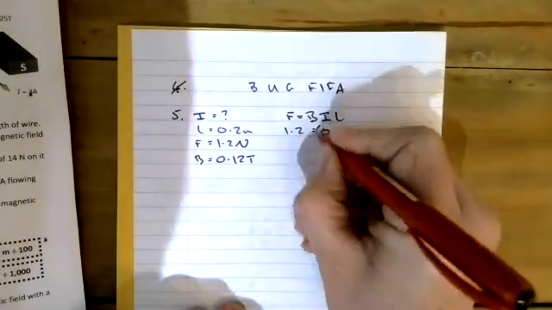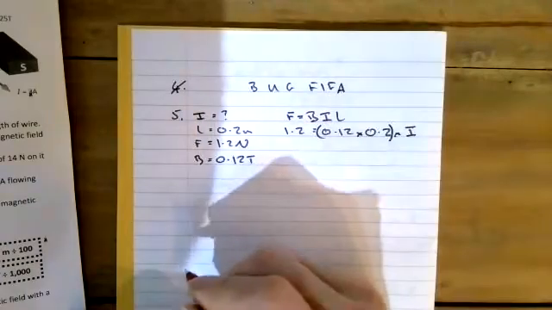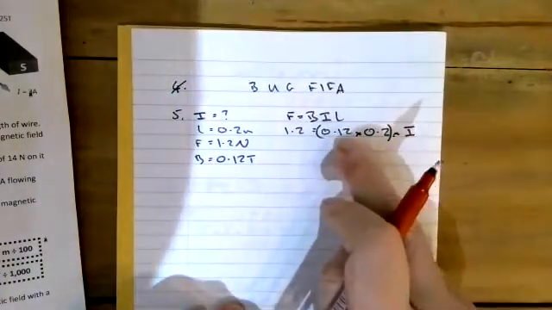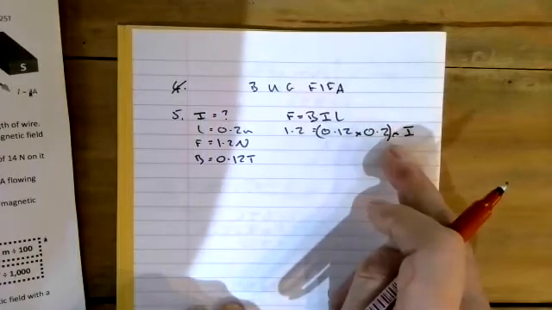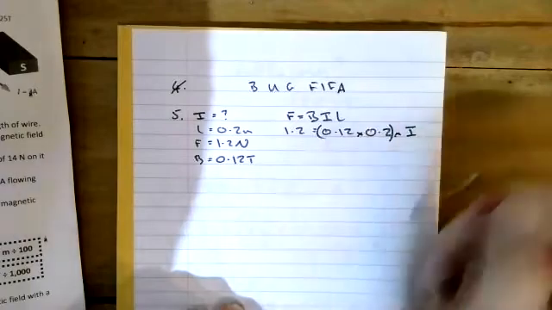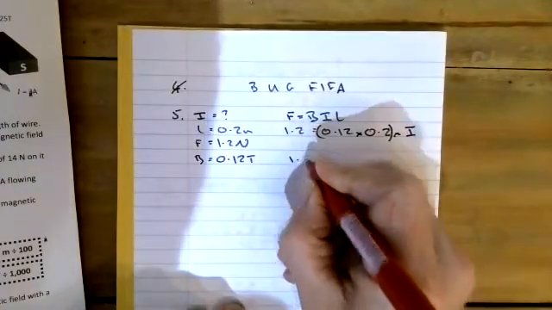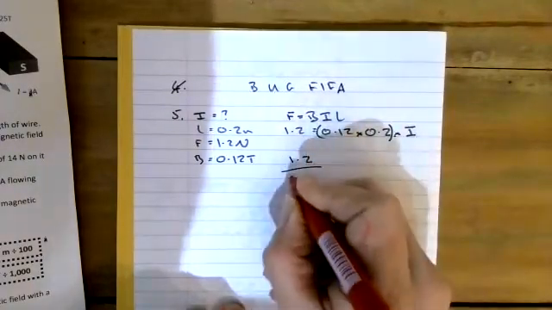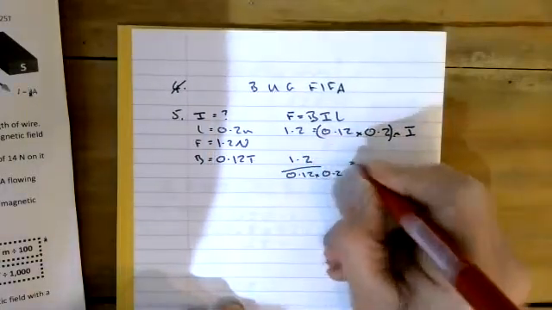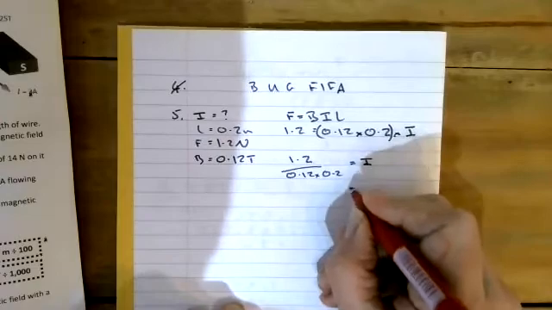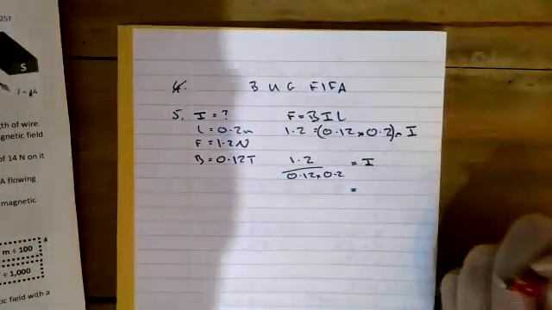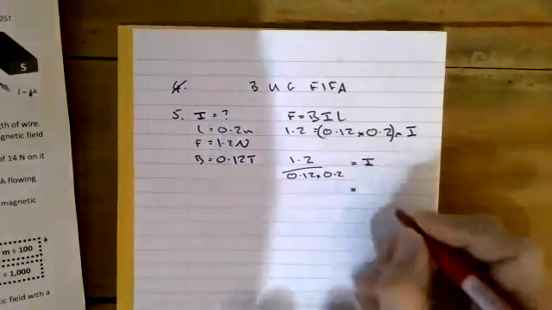So I'll put a bracket around this, like so. And if I now divide through by 0.12 times 0.2, it'll leave me I on the right hand side. So it's going to be 1.2 divided by 0.12 times 0.2 is equal to I, and that is equal to, in this case, 50 amps.